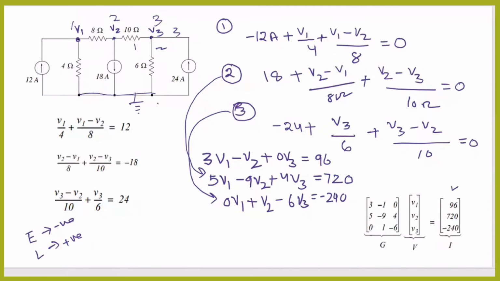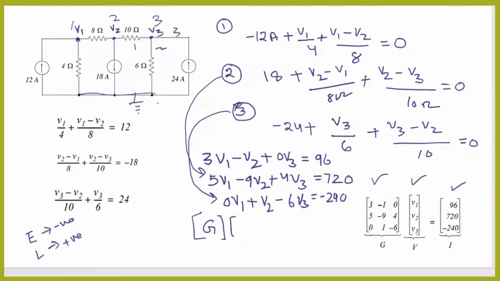The variables whose values you want to find form one matrix, and the coefficients will form one matrix. Let G be the coefficient matrix, V the voltage or variable matrix, and I the constant matrix. So G into V is equal to I.